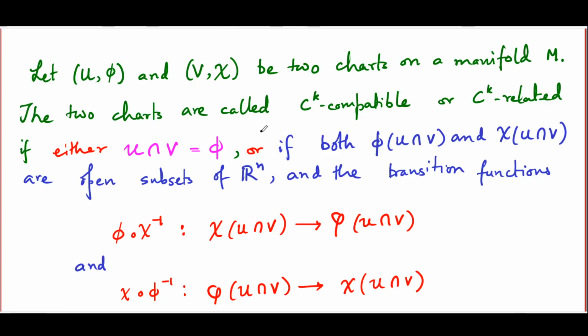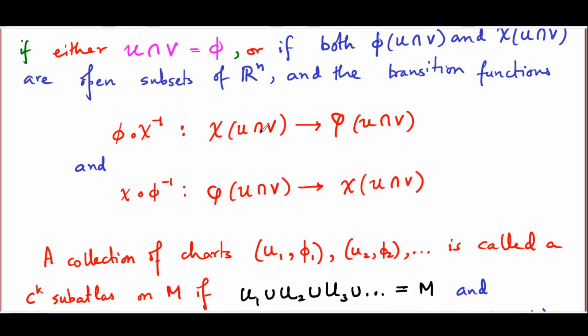These two charts are called C^k compatible or C^k related if either their domains are disjoint, or if both phi of U intersection V and chi of U intersection V are open subsets of R^n, and the transition functions phi composed with chi inverse, or the other way around, chi composed with phi inverse, which relate the coordinates assigned by phi to those assigned by chi, are functions of real variables, in effect n real functions of n real variables, and these are C^k functions.